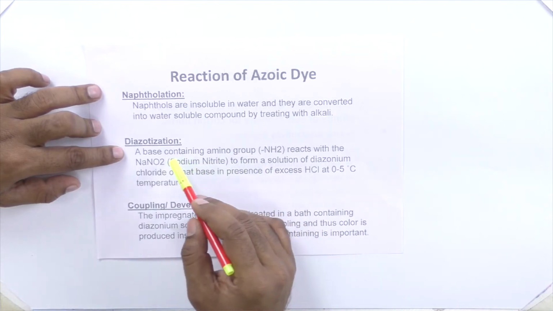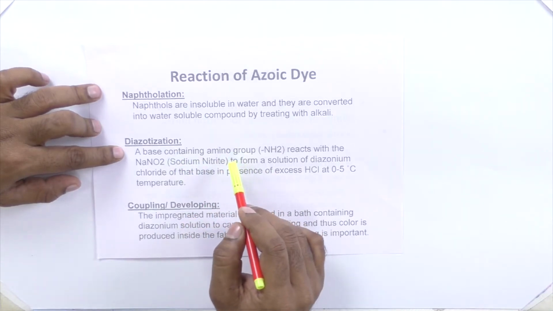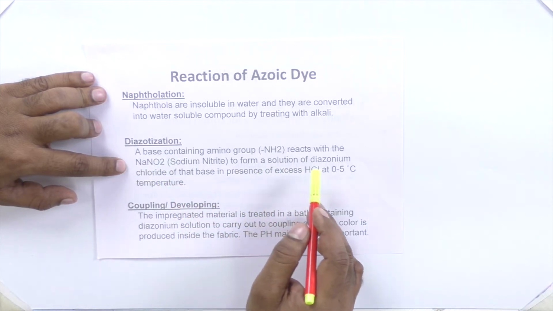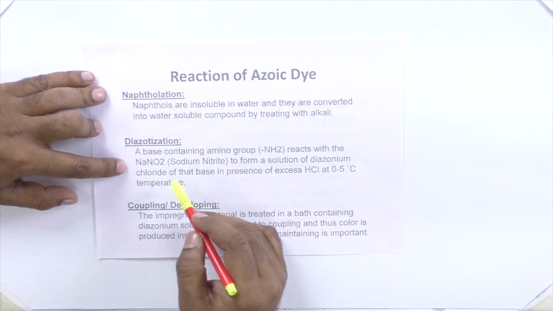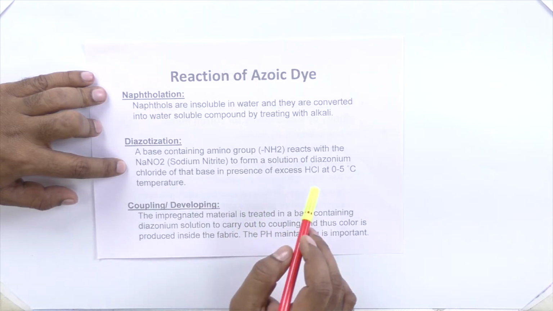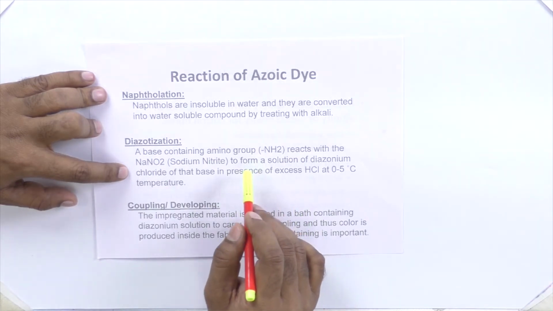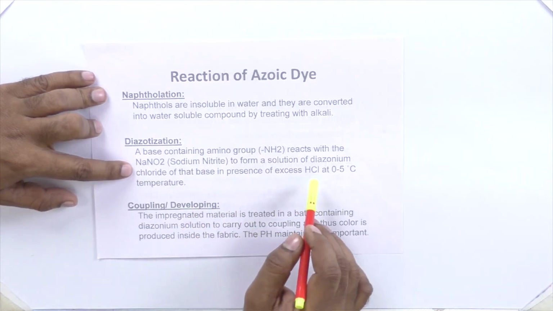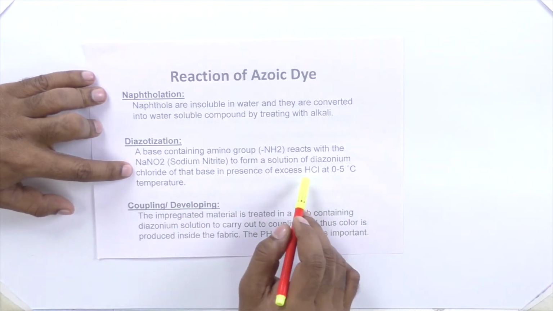Normally the base containing amino groups reacts with sodium nitrite and forms a solution of diazonium chloride, which is soluble in water. So we have to treat the diazo compound with sodium nitrite and HCl, and you will get a soluble form.